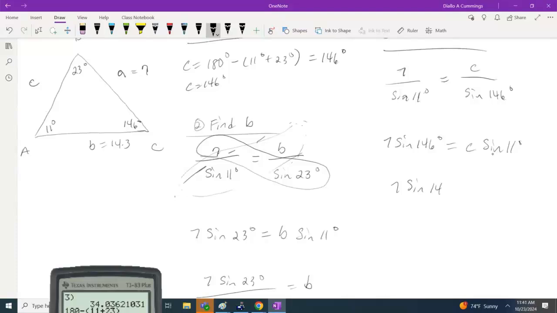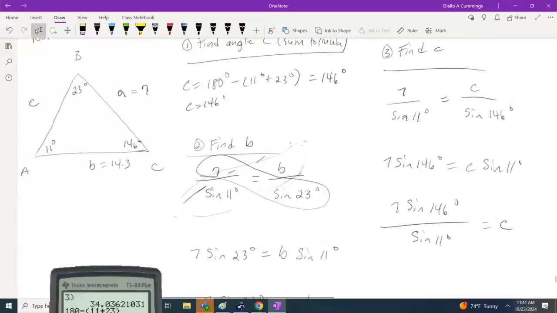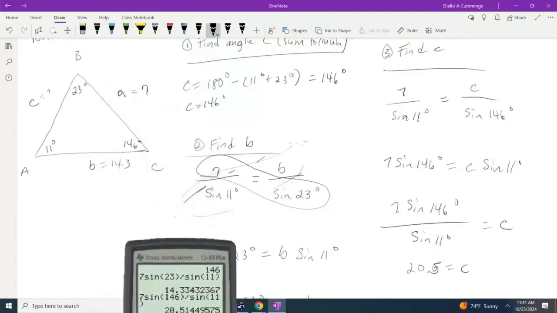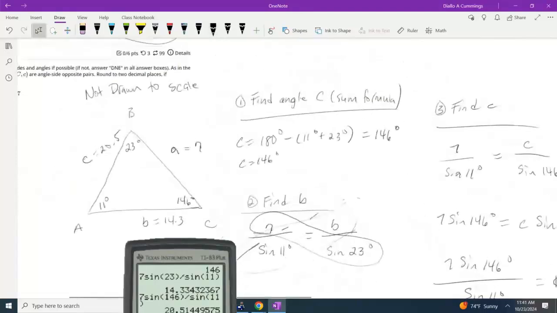So 7 times the sine of 146 divided by the sine of 11 degrees is equal to C. And if we put it in the calculator, 7 times the sine of 146 divided by the sine of 11 is 20.5. So side length C is 20.5.